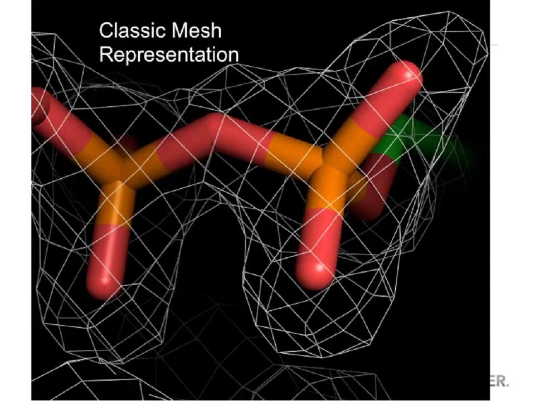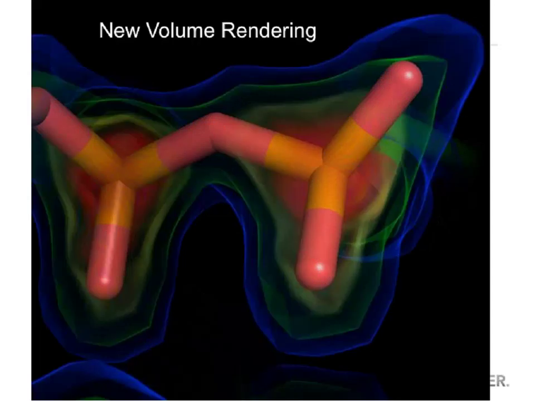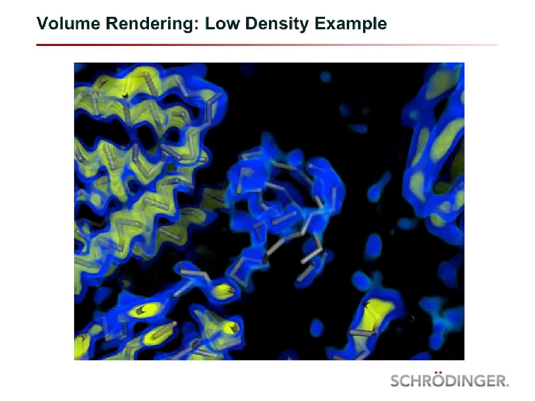And in our new volume rendering, we can now have a range of sigma values, not only one. This is like continuous isosurfaces with transparency values with different colors. So you can show different sigma levels at the same time. You will also see this in the demo.